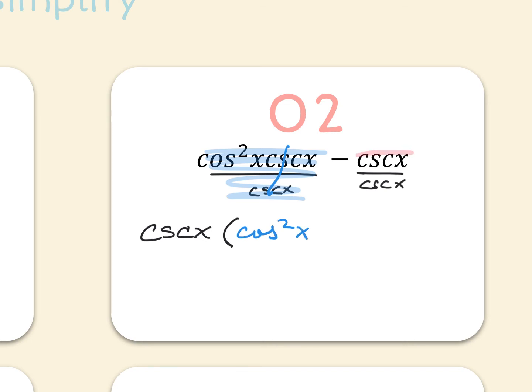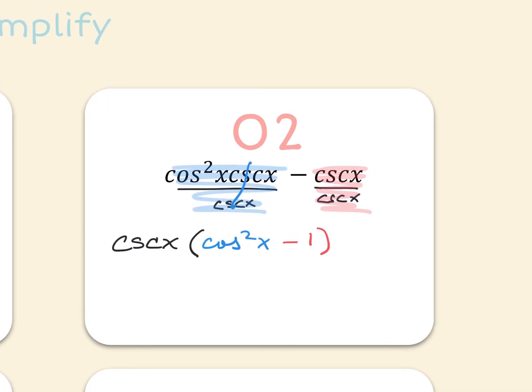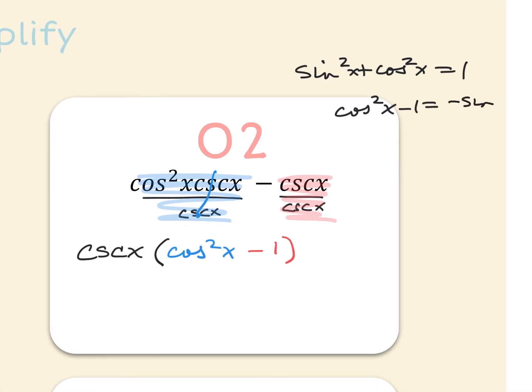And then after I divide this one, anything divided by itself is 1. Notice what's in my parentheses looks like the same thing I had before. Remember when I rearranged this Pythagorean identity, I got cosine squared x minus 1 equals negative sine squared x. So again, I'm going to do a substitution. I'm taking this out and I'm putting this in its place.